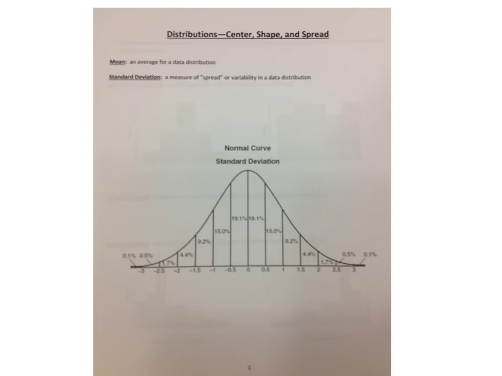Okay? Below you have your normal distribution curve. Right here, this is your x bar, which is your mean. Here is your one standard deviation from the mean.